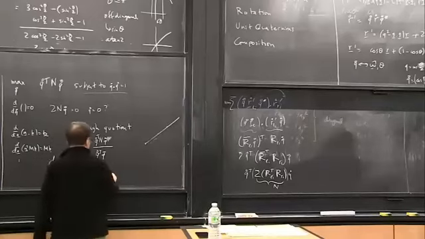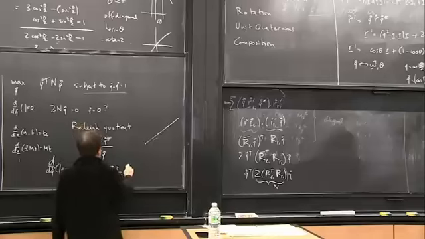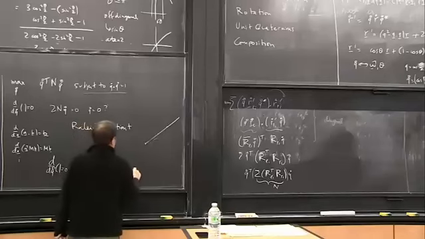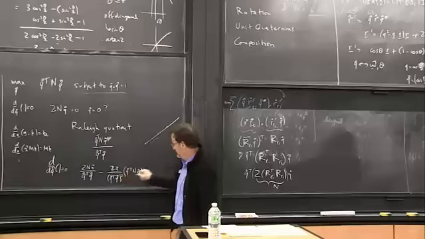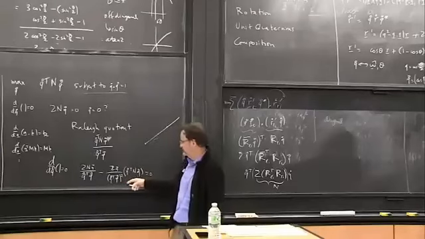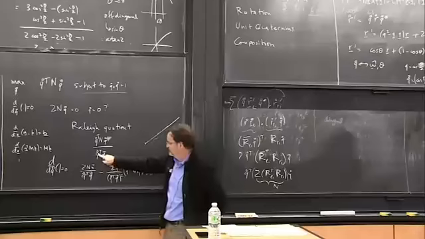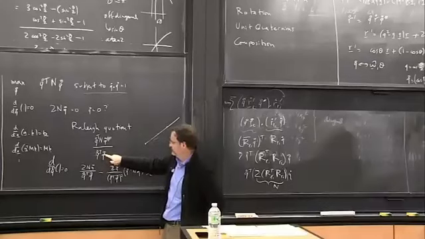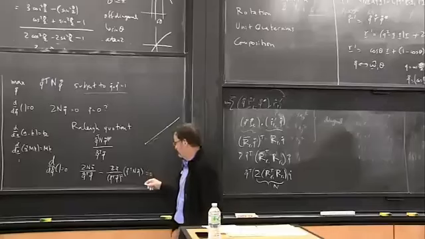So we get minus 1 over the denominator squared times 2q. This is just the formula for taking the derivative of a ratio. And this 2q here is the derivative of q transpose q with respect to q. And then this is supposed to be 0.